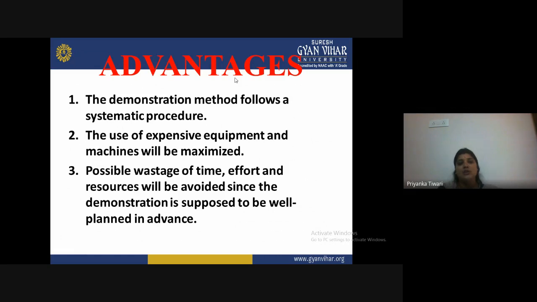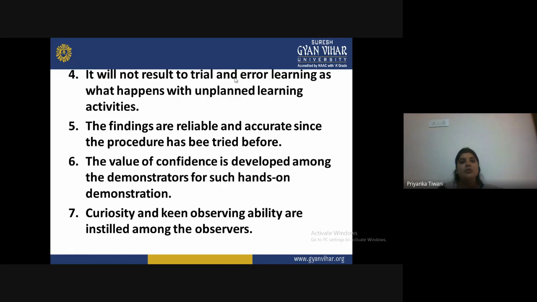Possible wastage of time, effort and resources will be avoided since the demonstration is supposed to be well planned in advance. It will not result in trial and error learning, as what happens with unplanned learning activities. The findings are reliable and accurate since the procedure has been tried before.